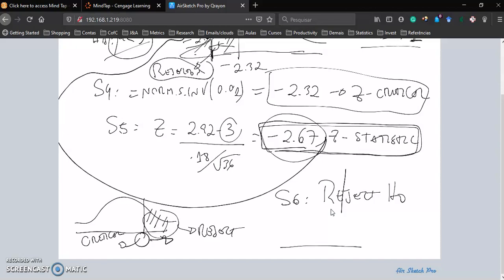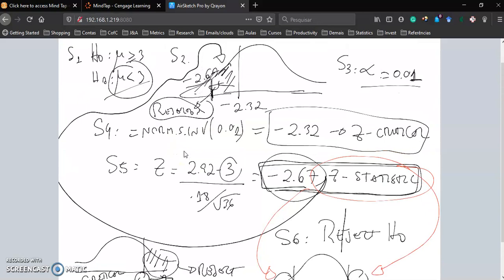And if it is a two-tail test, I have two regions. And if the z-statistic is here or here, then I reject the null. Okay? So this is the critical region approach.